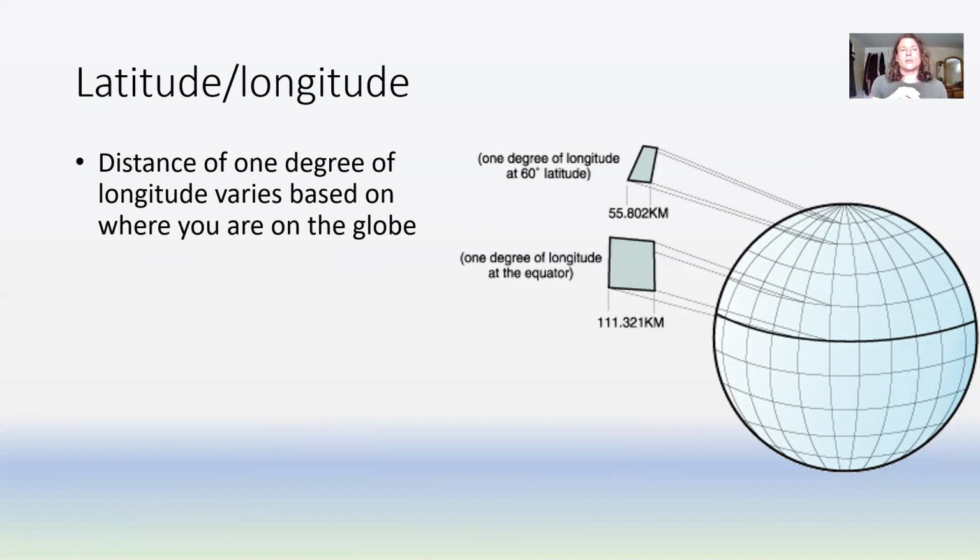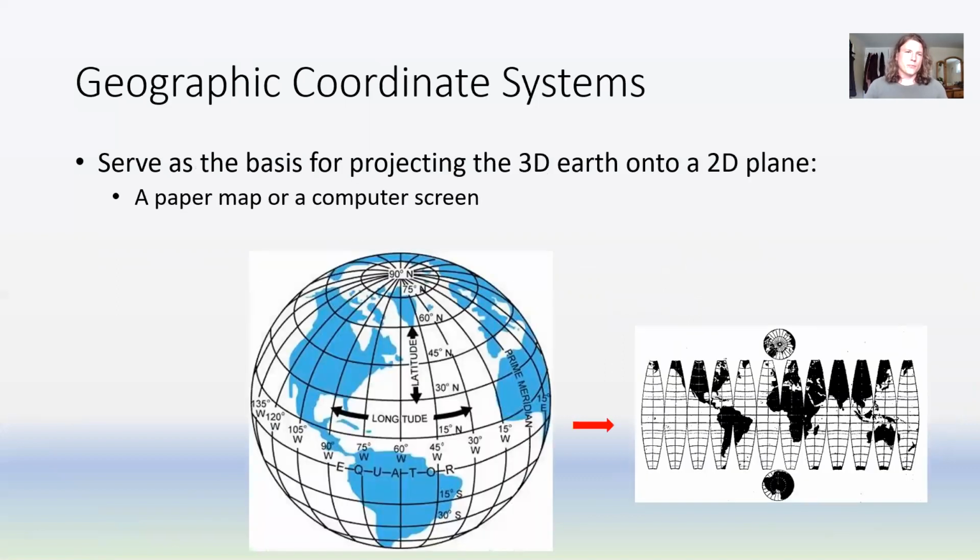Now, the distance between lines of latitude also changes with distance from the equator as you go north or south, but by a much smaller degree, so we don't need to focus on that right now. So the geographic coordinate system serves as the basis for projecting the three-dimensional Earth onto a two-dimensional plane, that plane being a paper map or a computer screen.